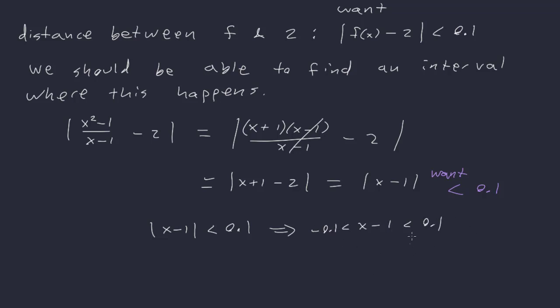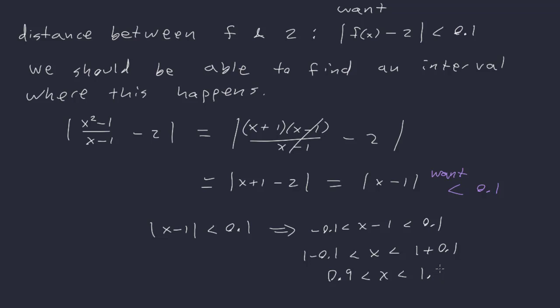And now we can just add 1 to both sides to cancel it out. And so now we have 0.9 is less than x, which is less than 1.1.